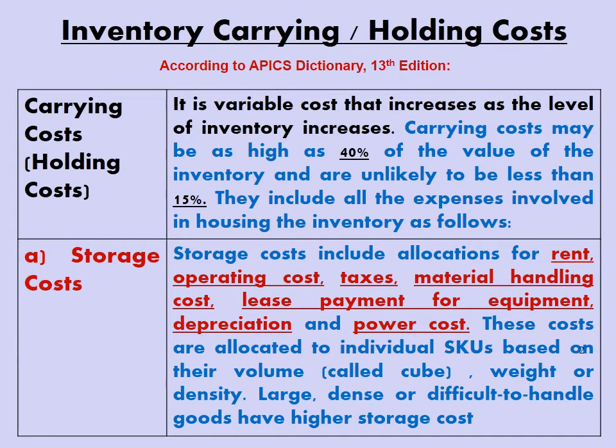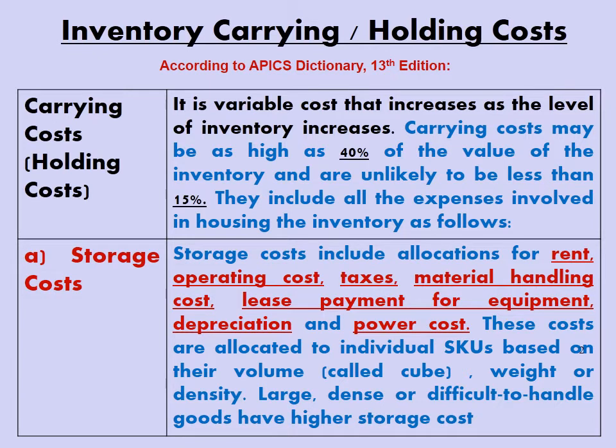For example, the first component of inventory carrying cost or holding cost is storage cost. So storage cost includes allocation for the rent. If you have a warehouse space and you are paying the rent, this will be included.